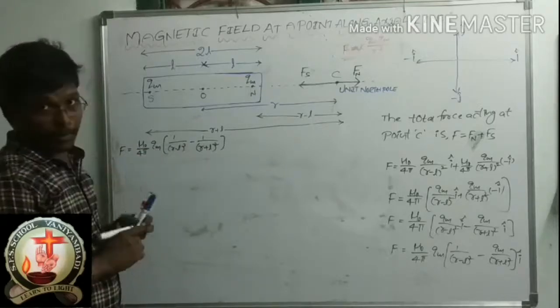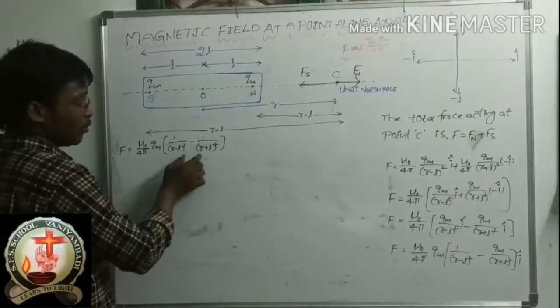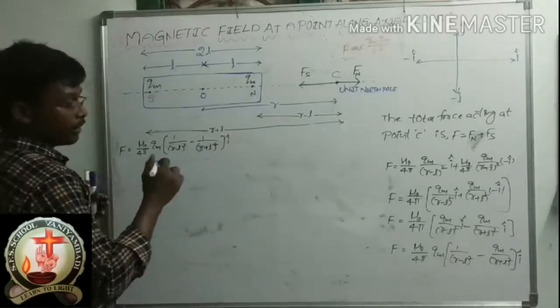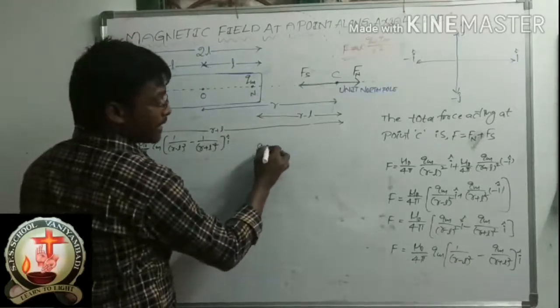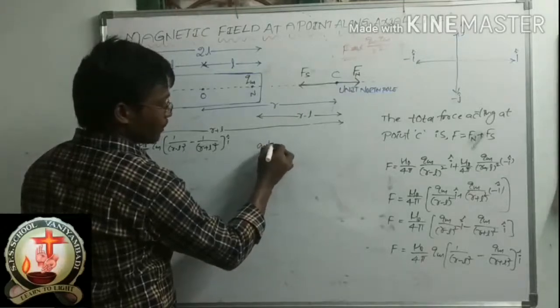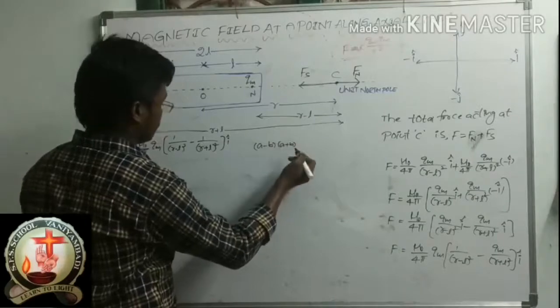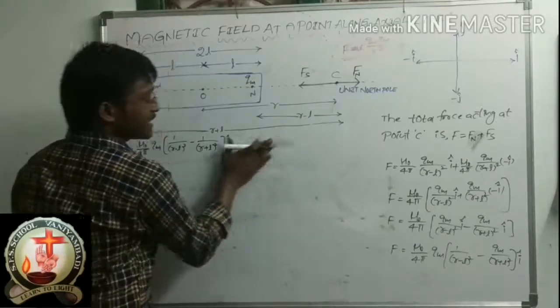What is the LCM here? How should we take the LCM here? It is (A minus B) into (A plus B). Okay, first you can take the LCM here.